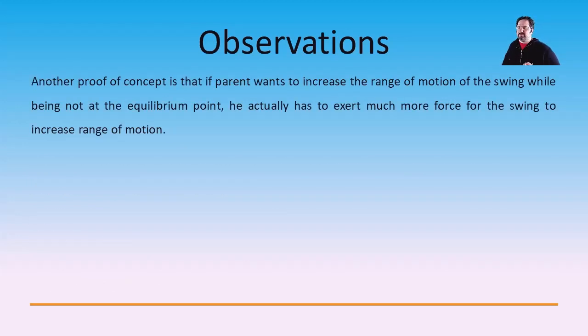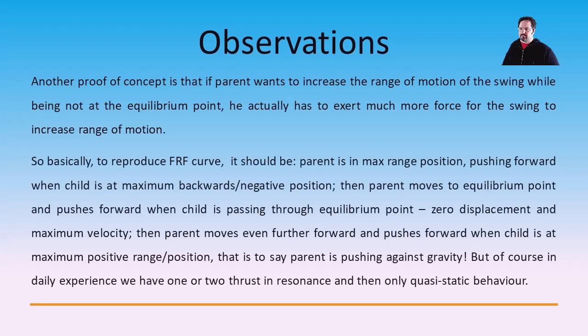Another proof of concept is that if the parent wants to increase the range of motion of the swing while not at the equilibrium point, he actually has to exert much more force. So basically, to reproduce a frequency response function curve, the parent is in max range position, pushing forward when the child is at maximum backwards negative position.